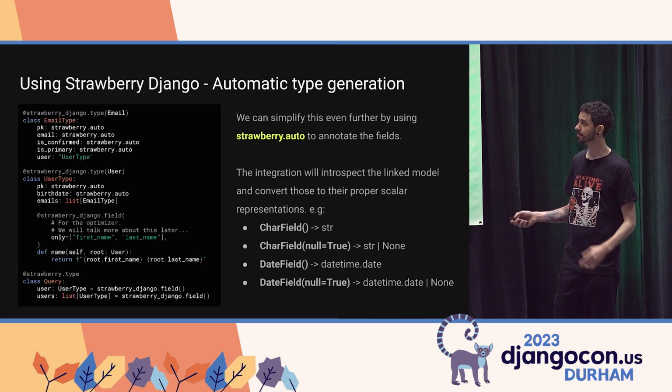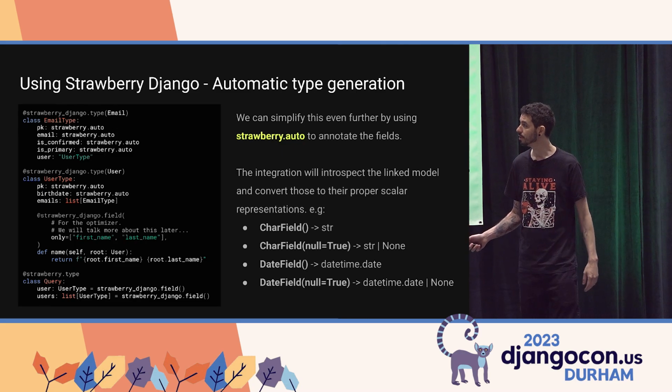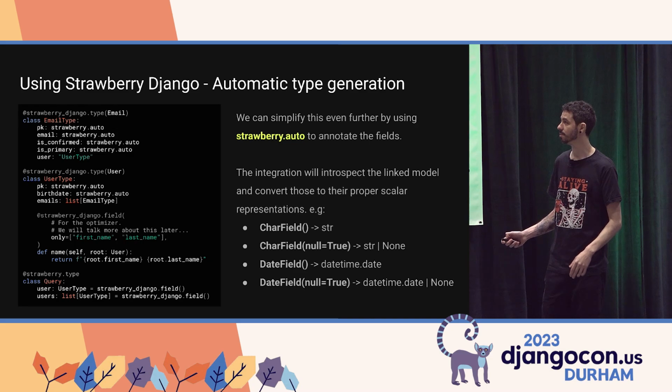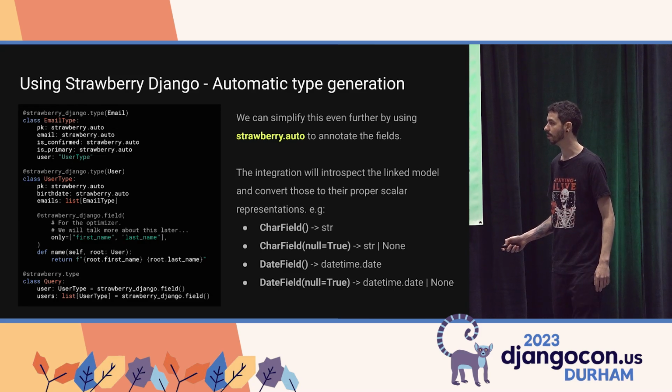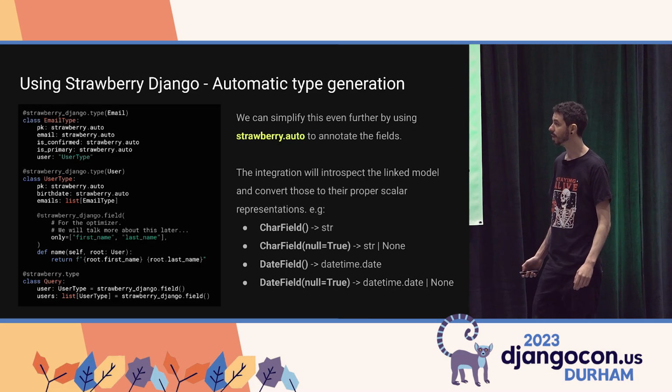So another thing that the Strawberry Django integration will do is to automatically convert, will introspect the model and change in runtime all the typings in here to their correct representation. So char field will become a string, char field which can be null will become a string or none, and so on.